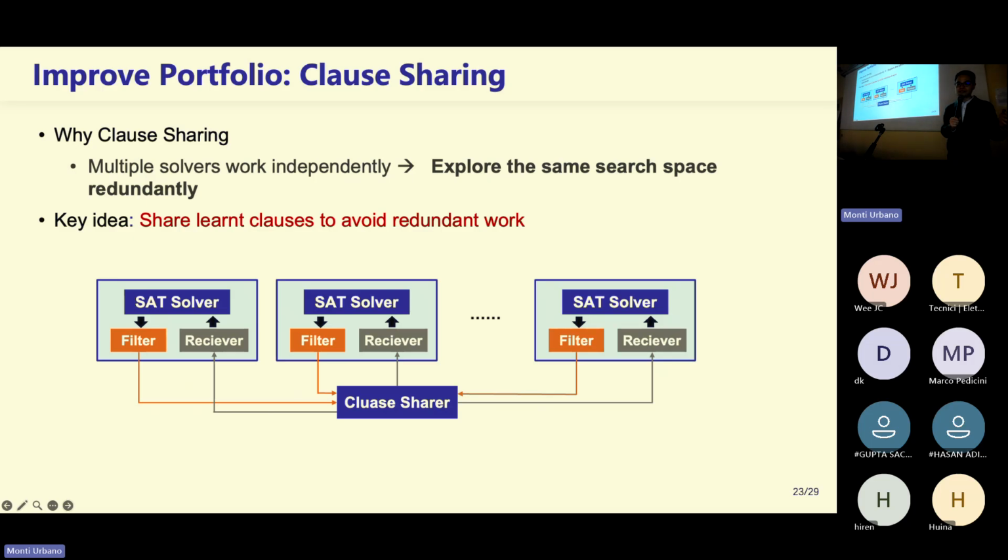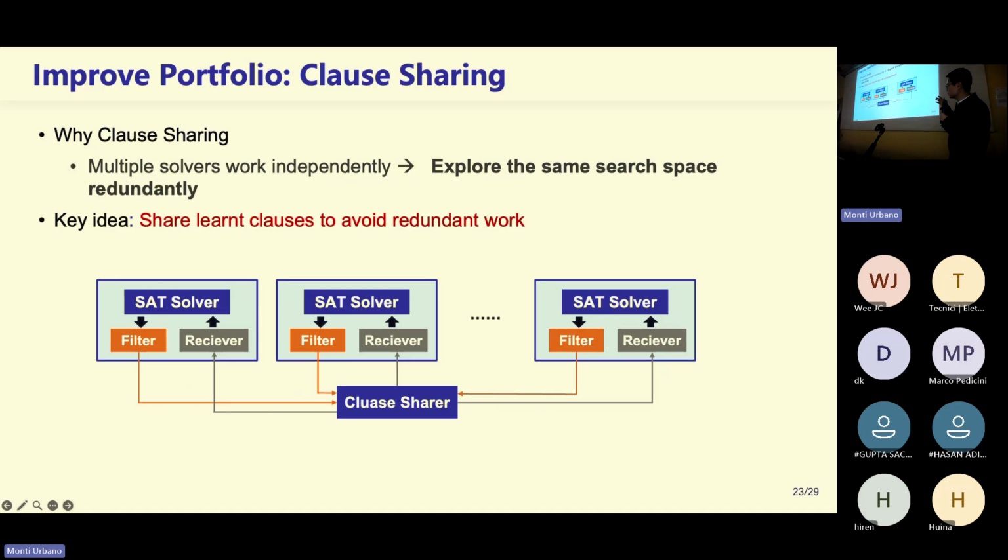So by sharing the learned clauses, we can avoid this redundant work, because we have introduced that the learned clause represents the lessons learned from the conflict. So these lessons can be shared so that every solver can access these clauses.